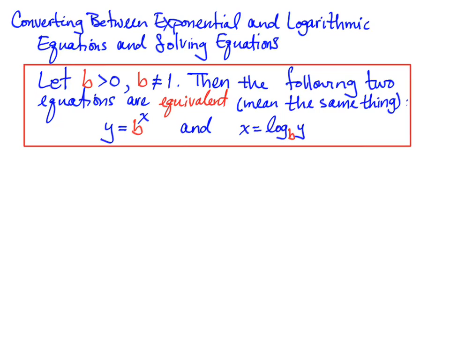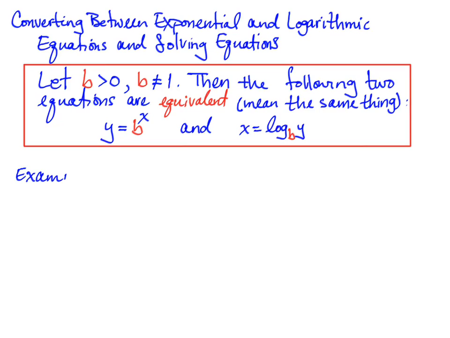So always think of the logarithm as an exponent. The logarithm base b of the number y is the exponent we would have to raise b to get the number y.